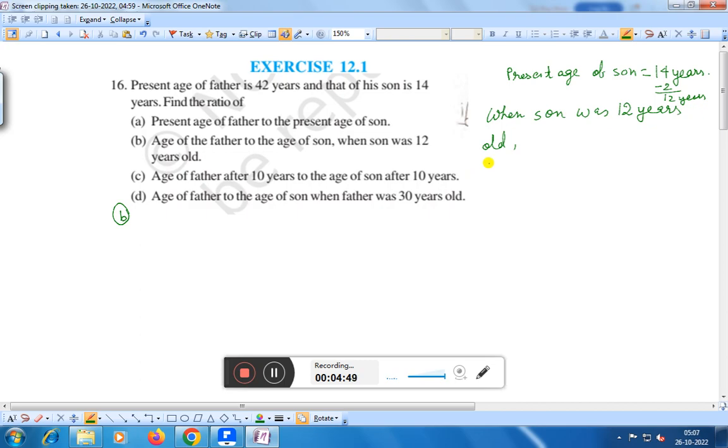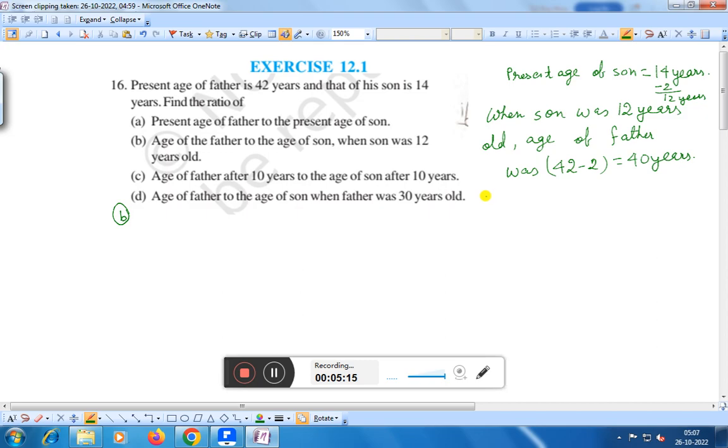That means when son was 12 years old, age of father was 42 minus 2, that is 40 years. Okay.